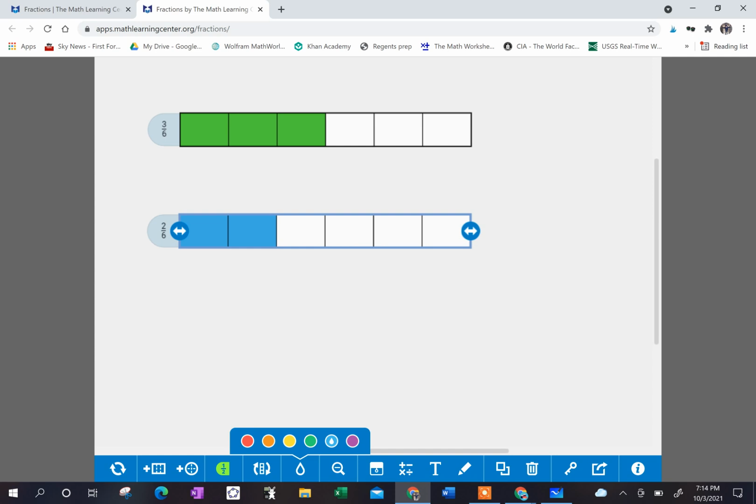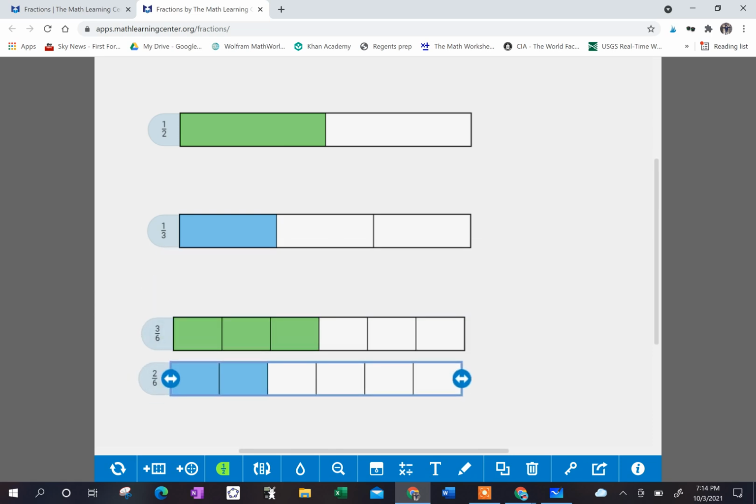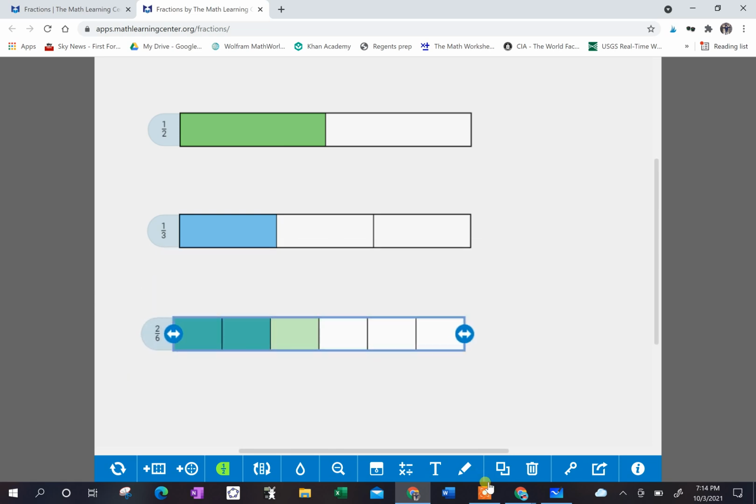And so now when I overlap them, let's see, I have 3/6 minus 2/6 gives me just this 1/6 left. So our answer is 1/6 cup more dry cat food than wet cat food.